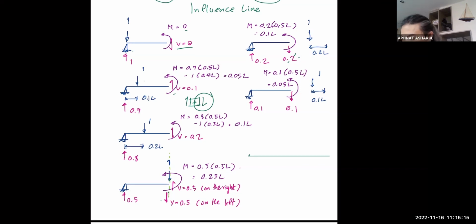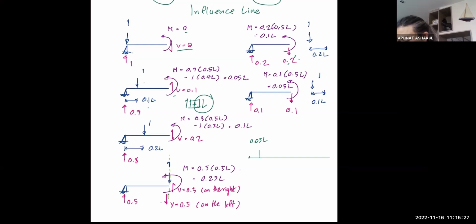When your load is at the location 0.1, your moment is now 0.05 L. When your load is here, location 0.2 L, the moment becomes 0.1. Okay, it looks like a straight line, and when you reach the midspan, it's 0.25. So you can imagine it's going to be a straight line like this.